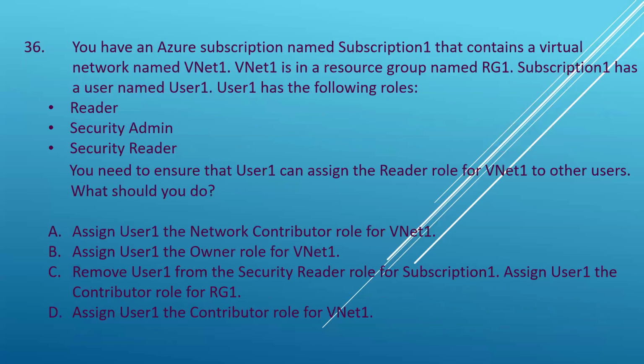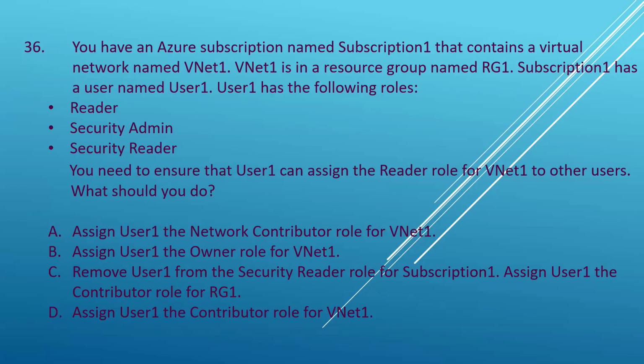Question number 36. You have an Azure subscription named Subscription 1 that contains a virtual network named VNet1. VNet1 is in a resource group named RG1. Subscription 1 has a user named User1. User1 has the following roles: reader, security admin, security reader. You need to ensure that User1 can assign the reader role for VNet1 to other users.